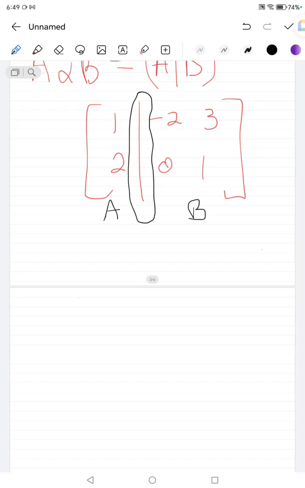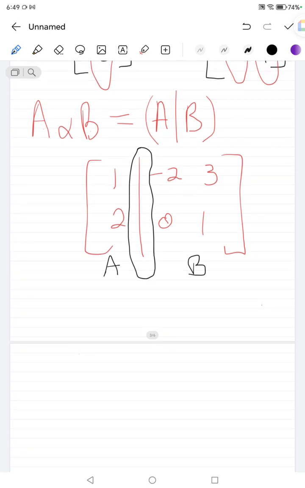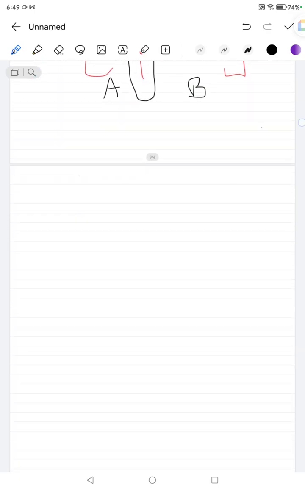Also, if we have written this in augmented form, it helps us to solve two matrices at once. Hence we also use it to solve a system of linear equations. Now I'm going to try to solve an example which perhaps you're going to get in the exam.